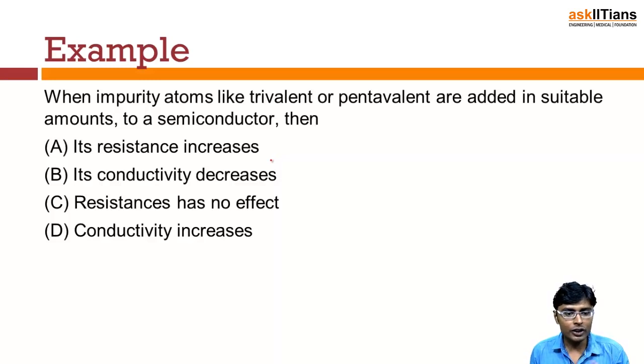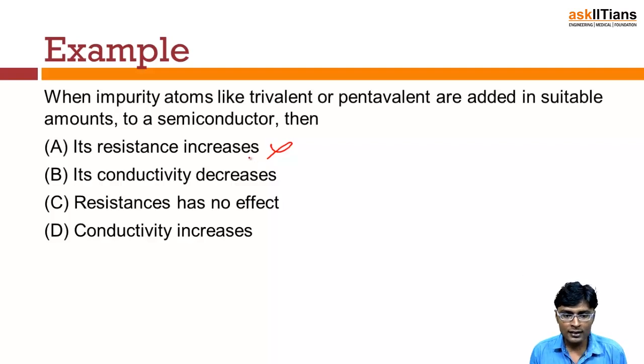If we see the first option, its resistance increases. This is not true, because the question is basically asking what is the purpose of going from intrinsic to extrinsic. What is the need of an extrinsic semiconductor? In this question we have to see the advantage of extrinsic semiconductor over the intrinsic semiconductor.